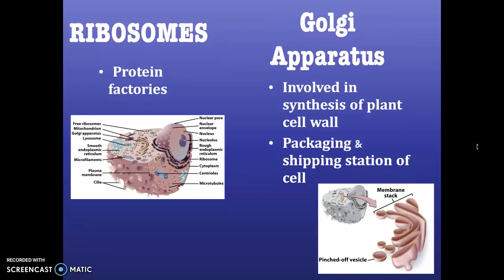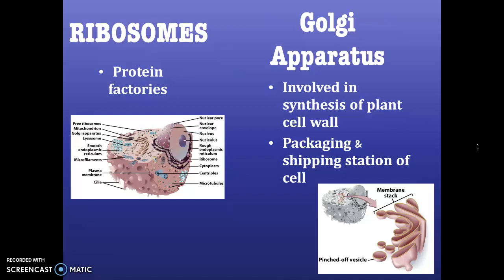Okay, so that is one of the very important jobs of the Golgi apparatus. The Golgi apparatus will also, as you saw in the video, modify many of the proteins by folding them into certain structures. Okay, and once it has modified proteins, and it also helps in modifying lipids and carbohydrates, as you saw with the plant cell wall, it packages them and then ships them off to where they are needed.